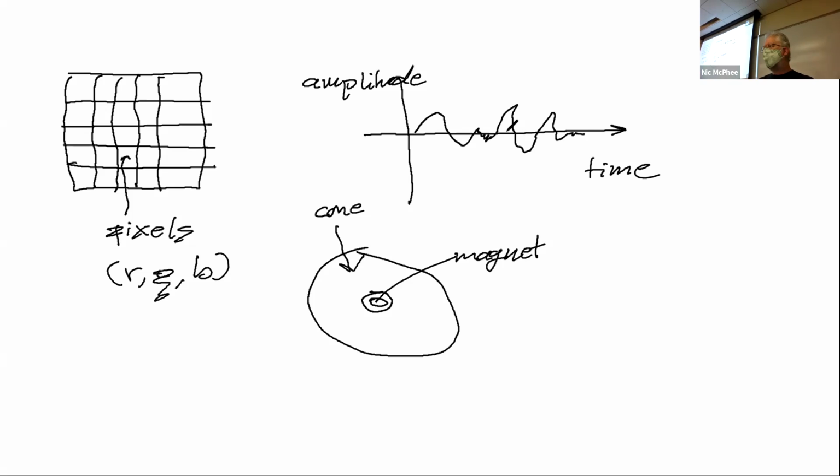And that's a complicated process in the same way that going from rods and cones in your eyes to your perception of the world visually is a complicated process. But the idea is still pretty simple. We move a magnet, we move the base of the cone back and forth, and we make sound. And a wave like this is actually telling you how to move the magnet. And that's literally what's physically happening.